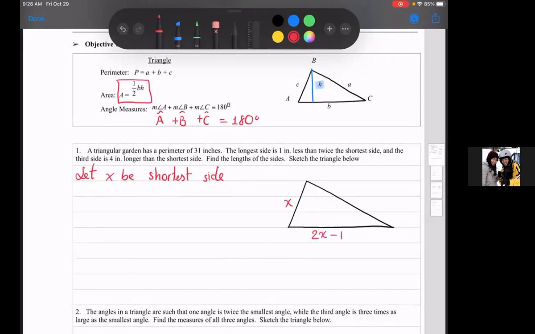And the third side is 4 inches longer than the shortest side. Let me highlight that. The third side is 4 inches longer than the shortest side, so X plus 4.